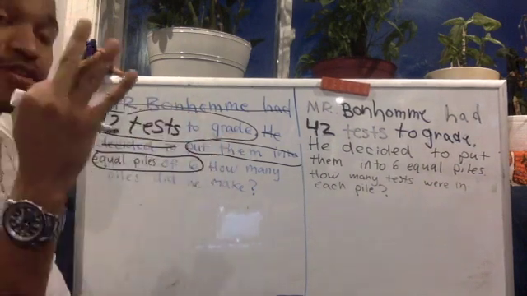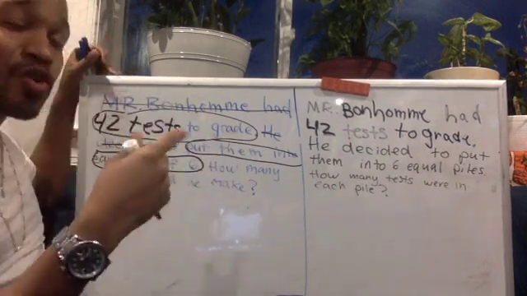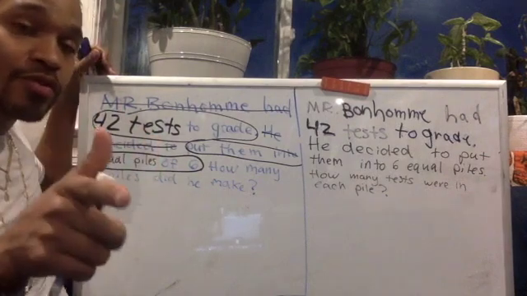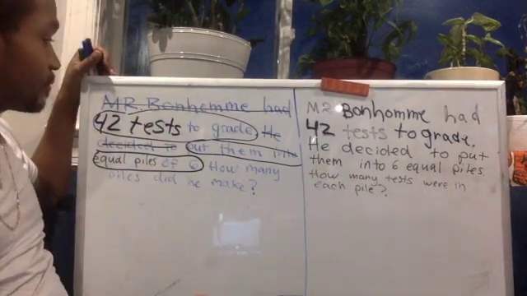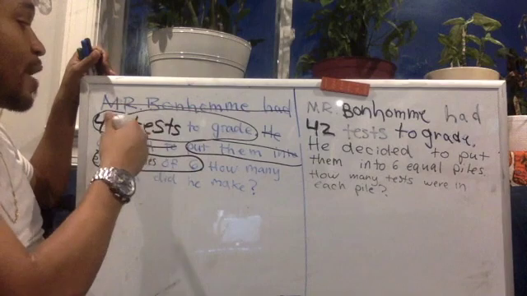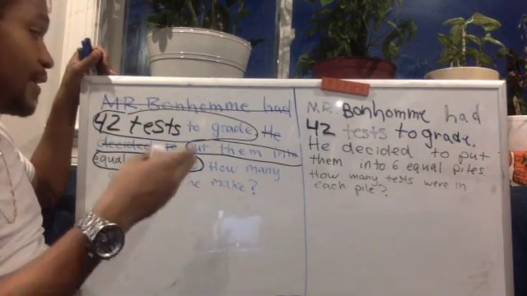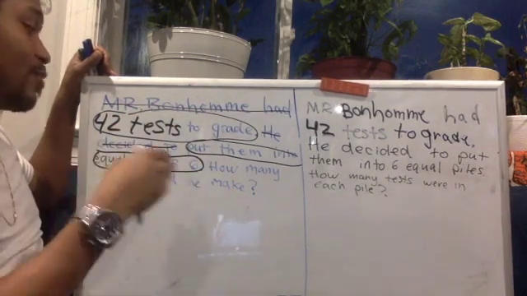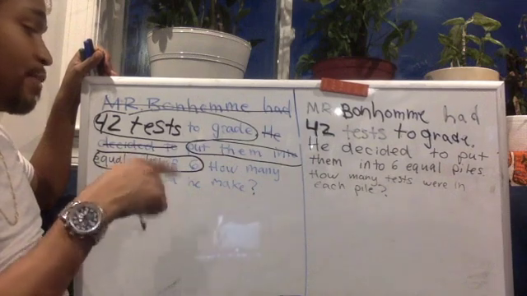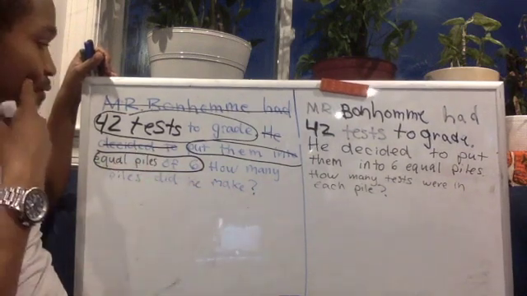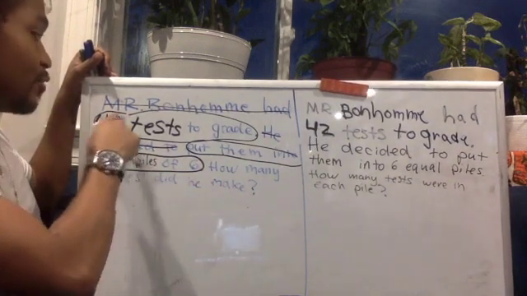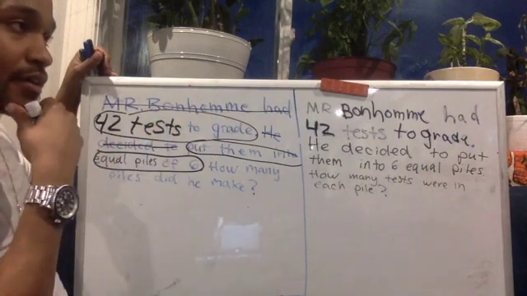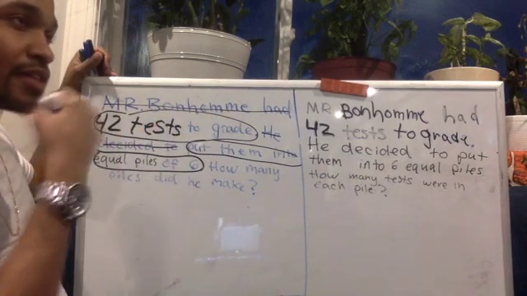I'm going to read this for the third time. Then I'm going to solve, and let's see whatever you wrote, if it matches up. Mr. Bonhomme had 42 tests to grade. He decided to put them into equal piles of 6. How many piles did he make? Well, I know that he had 42 tests to grade. It doesn't say 42 tests in each.